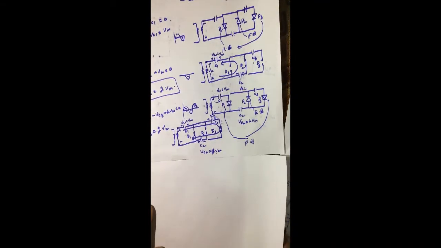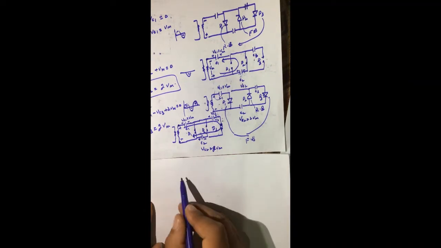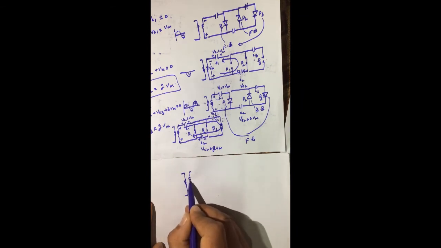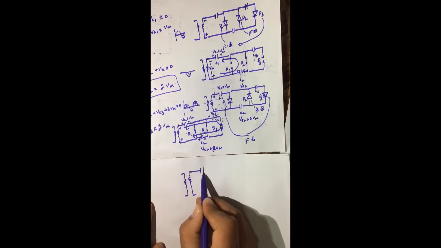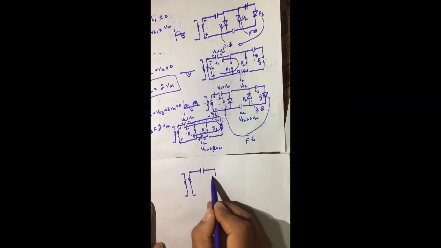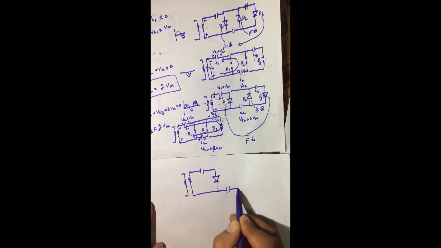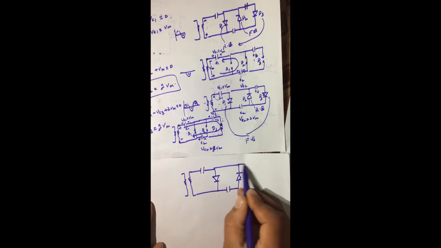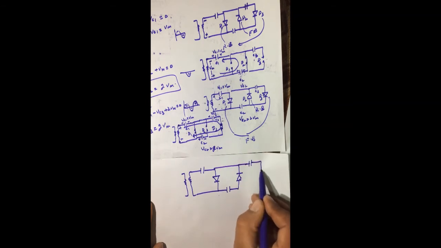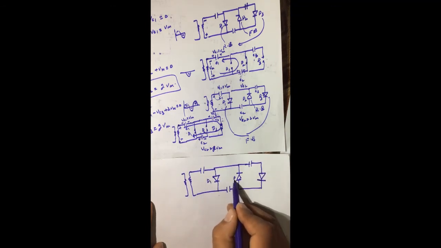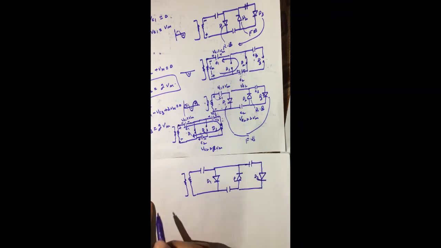So we have the situation now, this one. Here we have capacitor C1, here we have diode D1. Here we have capacitor C2, here we have diode D2. Here we have capacitor C3, and here we have diode D3. This is diode D1, this is diode D2, and this is diode D3.